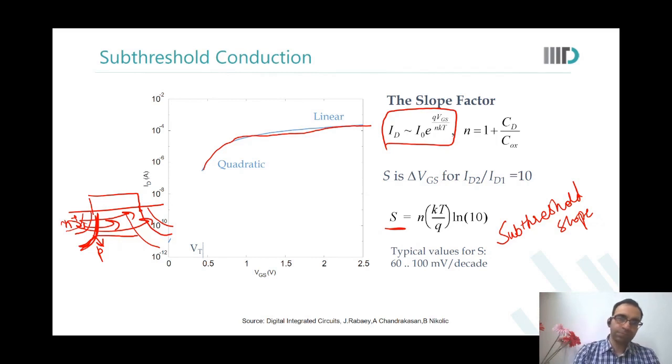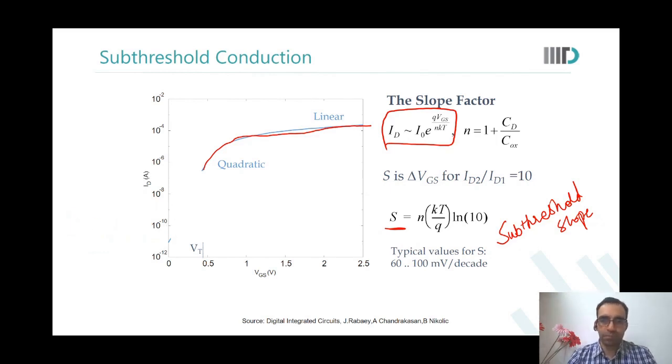But so this is ID versus VGS, right? So the slope should be pointing upwards, shouldn't it? Well, when you're increasing VGS, keeping VD fixed, you're increasing the overdrive voltage. So in long channel devices, it grows in a quadratic manner, right? So here I'm assuming this is for a short channel device.